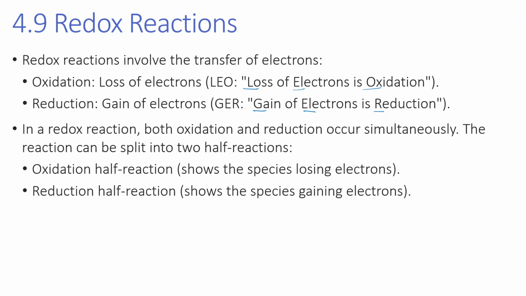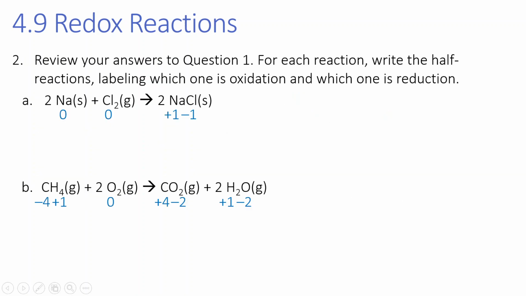That might seem a little bit confusing that reduction means gaining electrons. When we say oxidation, we're saying that the oxidation state increases. And when we say reduction, we're saying that the oxidation state reduces or decreases.